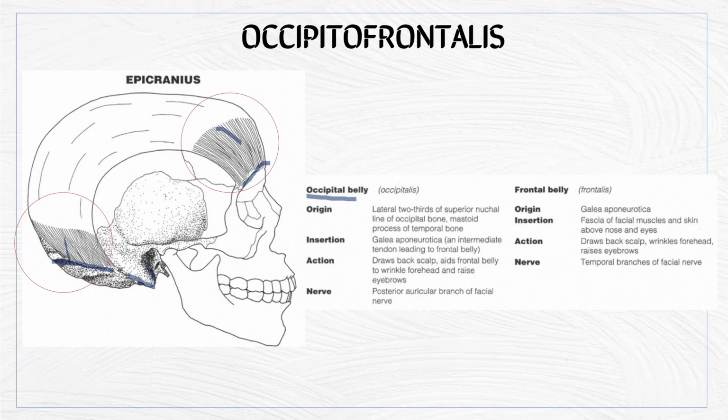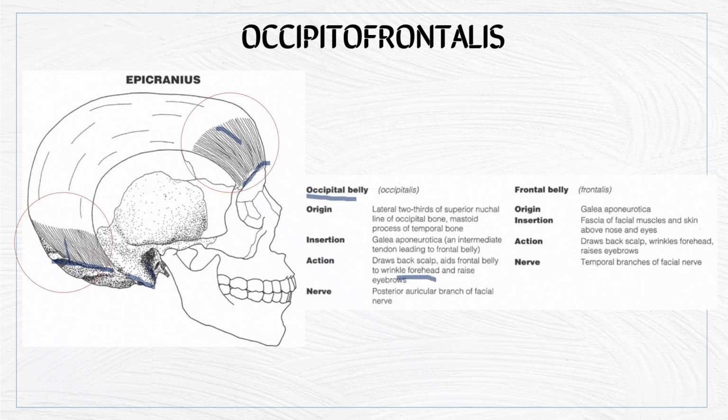Both the occipital belly and the frontal belly insert into the galea aponeurotica, and this is the insertion of the frontal belly in the fascia of the facial muscles. The action of the occipital belly is that it draws the scalp backward, and it also aids the frontal belly to cause wrinkling in the forehead.